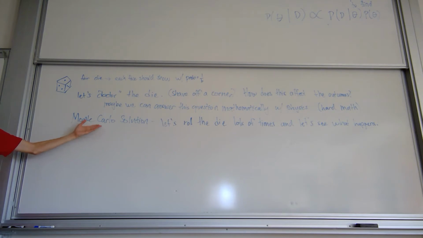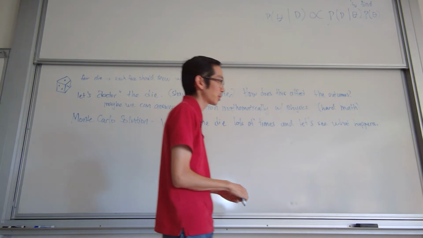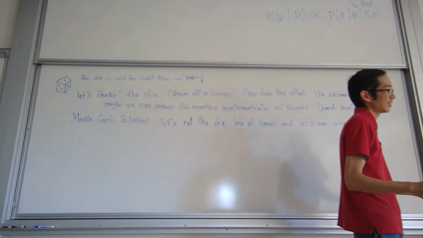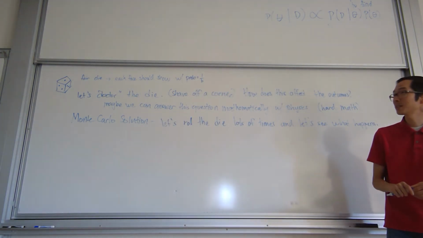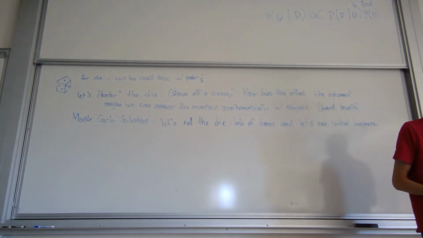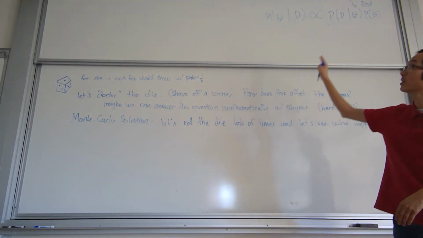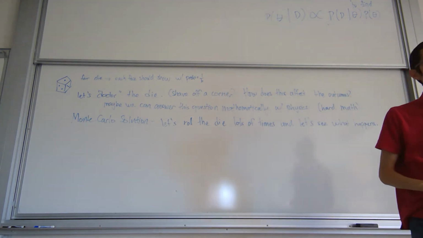Obviously, in this class, we're not going to take physical dice and roll them, but we will try to do something similar in terms of drawing values from a random variable. Okay.